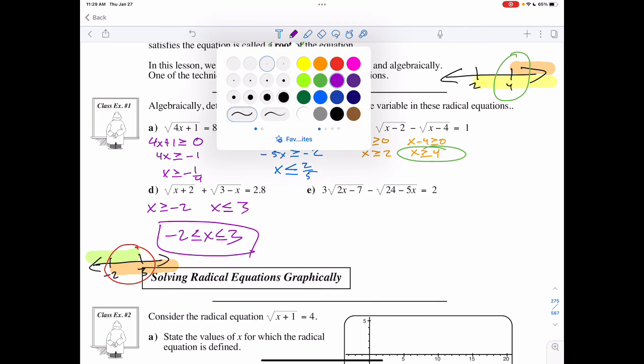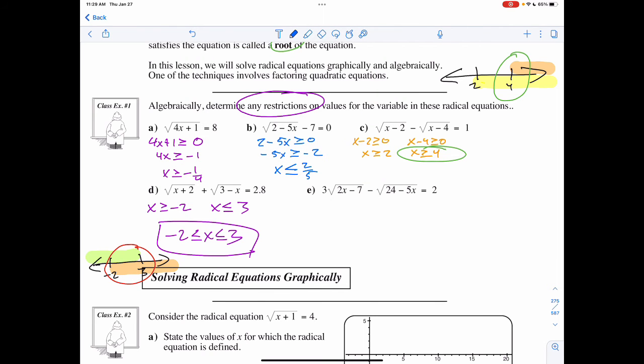When I go to the last one, I'm going to say that 2x minus 7 is greater than or equal to 0, and 24 minus 5x is greater than or equal to 0. Which means that 2x is going to be greater than or equal to 7, or x is greater than or equal to 7 over 2.